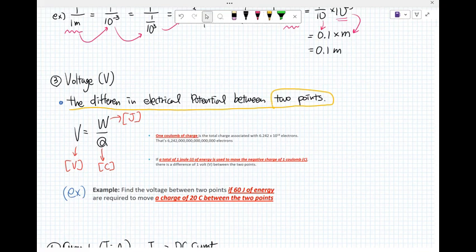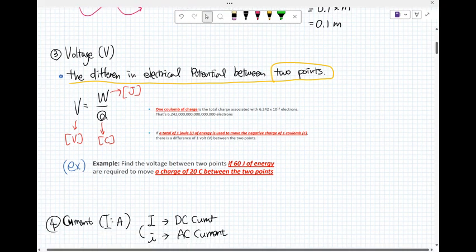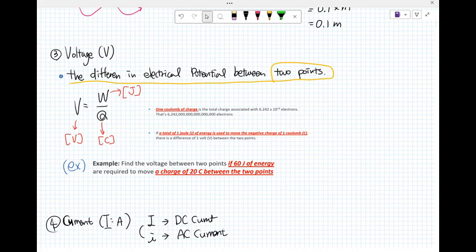V, voltage, is equal to energy divided by charge. As the unit, V is equal to joule divided by coulomb, okay?